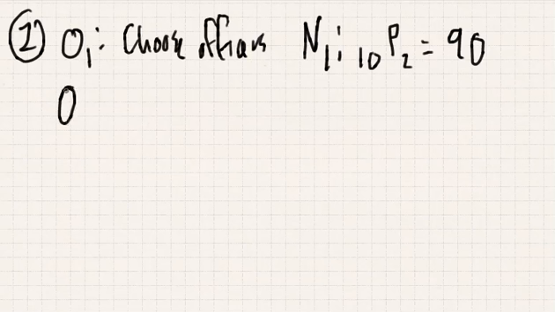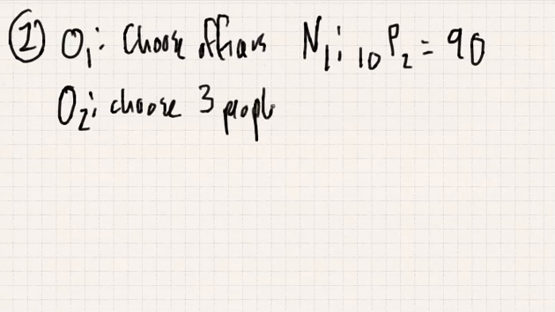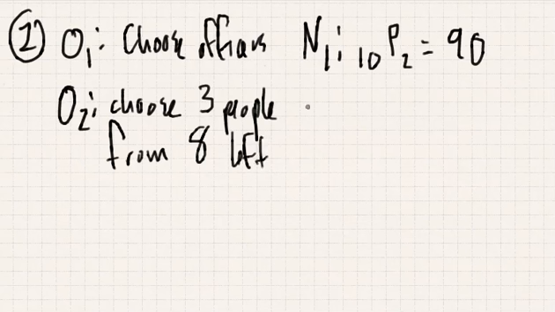And then the second operation would be to choose the rest of the subcommittee members, which would be 3 people. But how many people are there remaining to choose from? I've already chosen 2 people as the officers, so there are only 8 people left to fill out the committee.